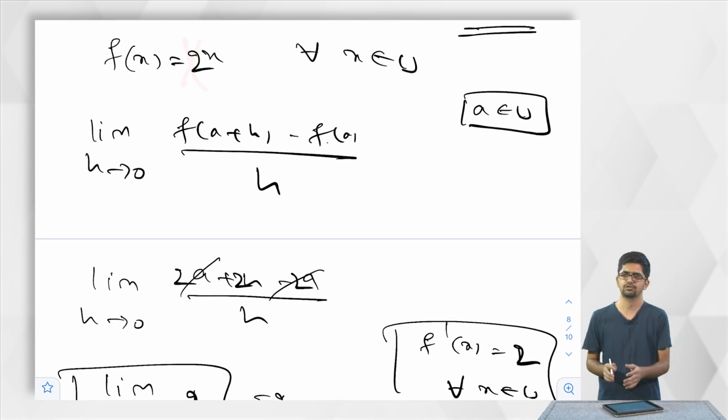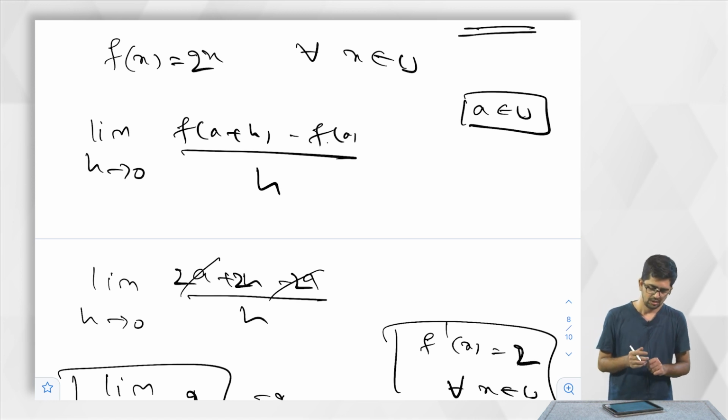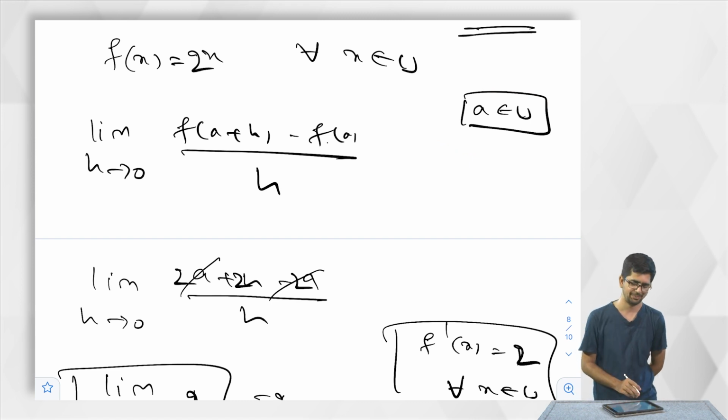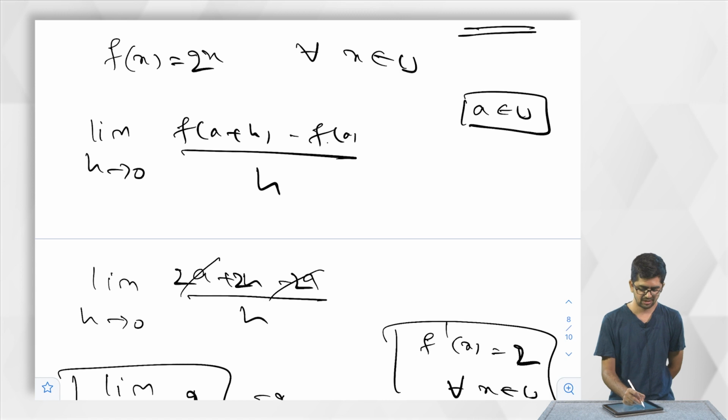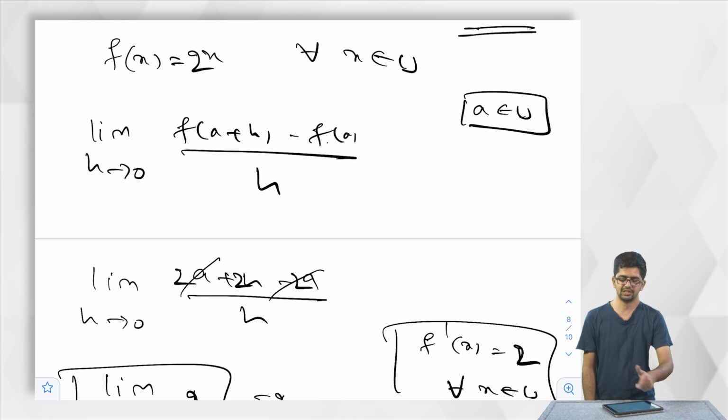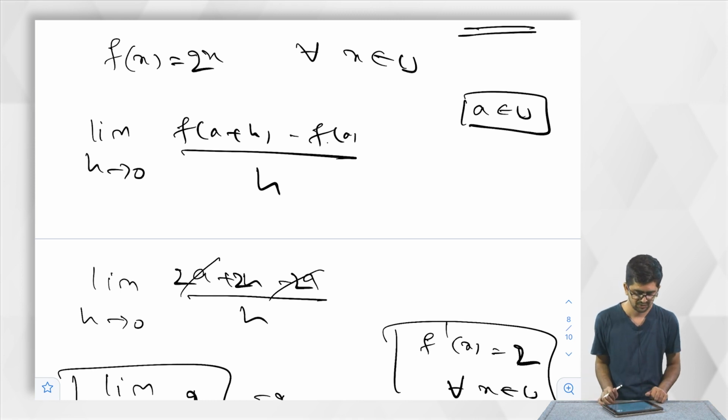This is not the same a, we are using a for an element of U, but for any real number p, for any real number, f of x equal to px, then f is differentiable and f dash of x is just p for every x belongs to U. The result is not dependent on the point.